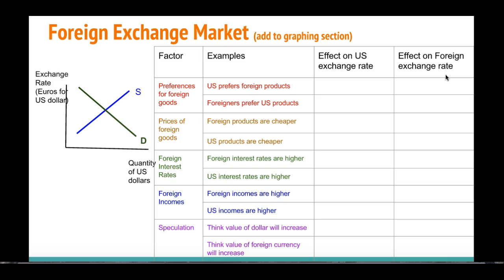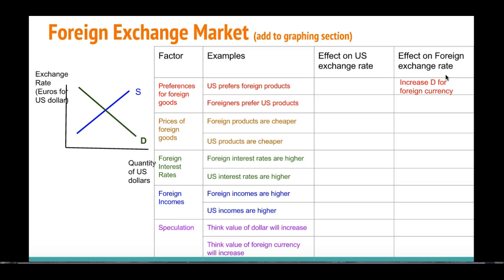If the U.S. prefers British products, what happens then to the supply or demand for British pounds? Is the supply or demand going to change? Well, because we're interested in their products, we need to get British pounds to be able to buy British products. So it's going to increase the demand for that foreign currency, in this case, the British pound.